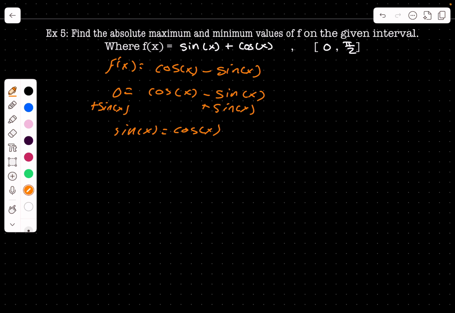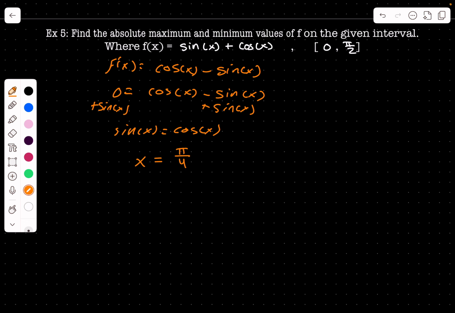And if we look, we find that the only place between those 2 points is going to be x equals pi over 4. So that is the only place, and if you want to look at a unit circle, it's going to be pretty obvious, right? Or maybe you just knew it off the top of your head. So that's the only place between 0 and pi over 2 where we have sine equals cosine.